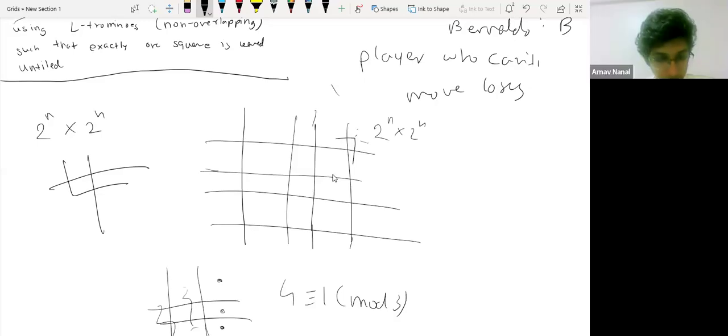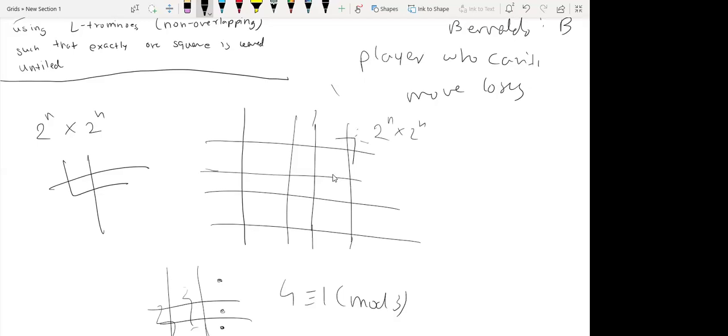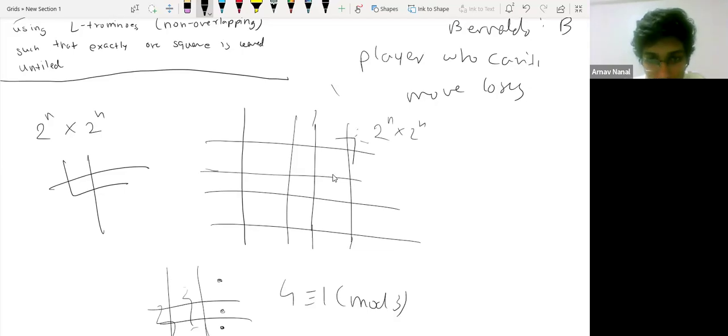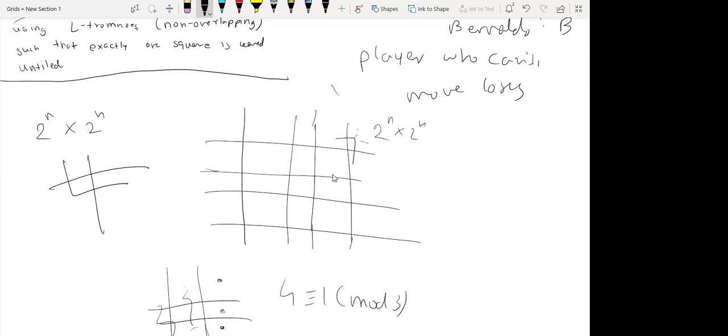Yes, that one singular square can be left. Suppose we have three of these 2^n by 2^n squares in the form of an L. We could have one of them in one corner, another in another corner, and all of those three, like that, can form another tromino on itself.